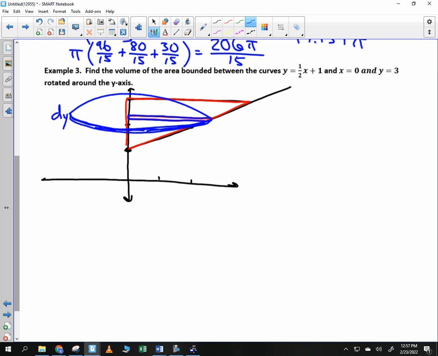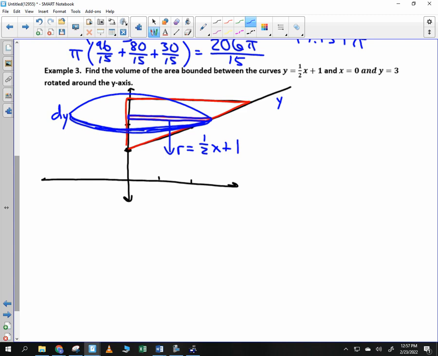and then I need a radius. Now, wouldn't you want to say that the radius is 1/2 x plus 1? That's our function. Only the radius can't have what variable in it? X. What variable do we have to have instead? So how do we write this so we have y as a variable instead?